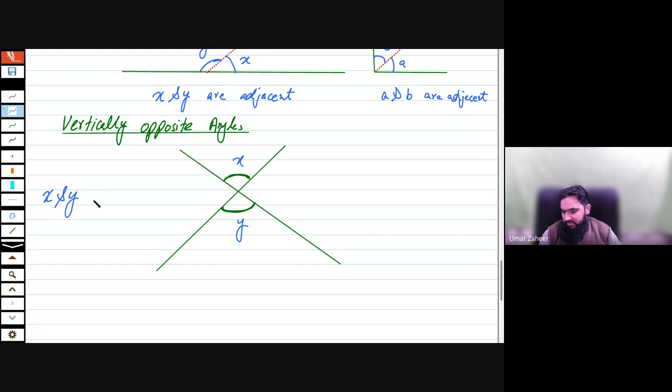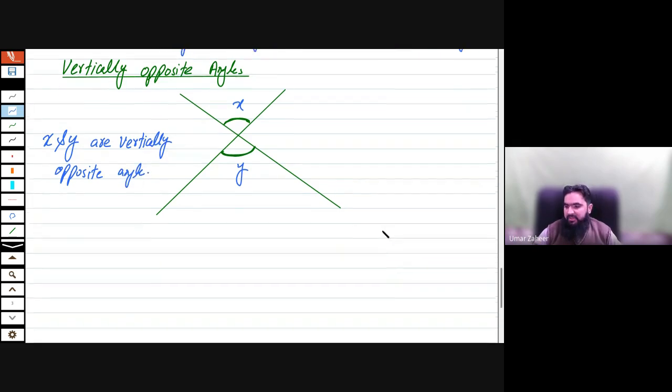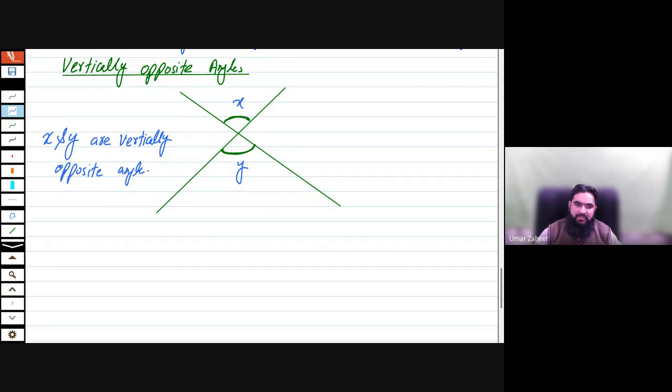X and Y are vertically opposite angles. First of all, you have to understand which angles are vertically opposite. After that, the property is that vertically opposite angles are always equal.